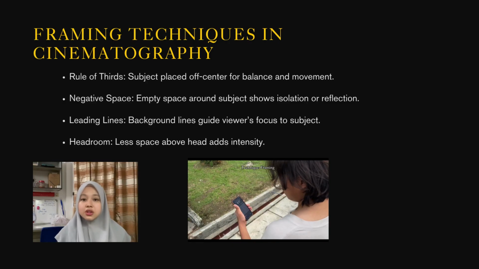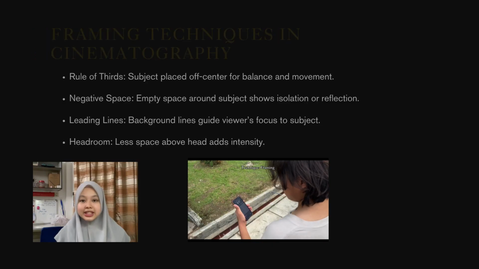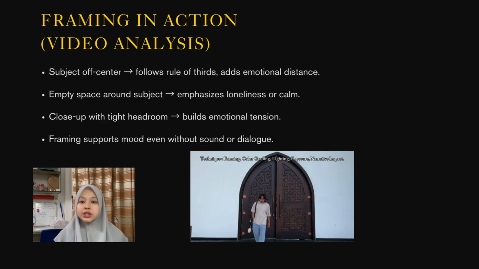This creates a sense of pressure or emotional intensity for the character. So the framing choices, where the subject is placed, how much space is around them, and what is in the background, also help to support the mood and the storyline in the video.